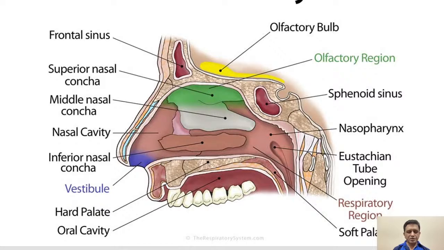The main doors or the entrance of the nose can be divided into four parts. The flooring, the ceiling, and the two side walls. Pay attention.